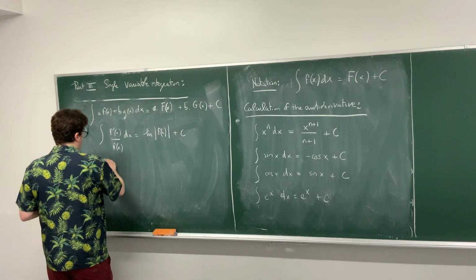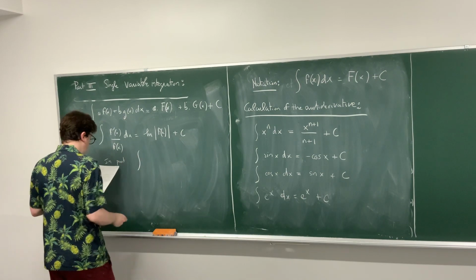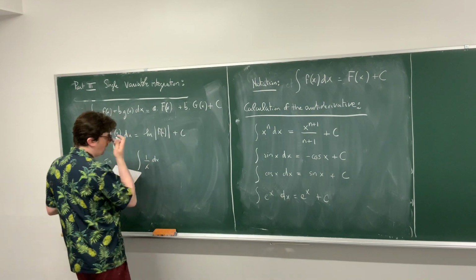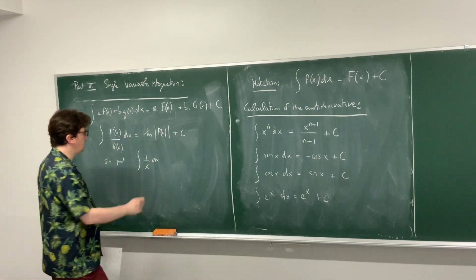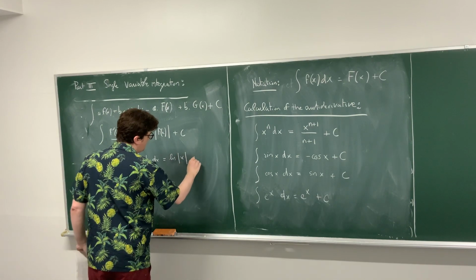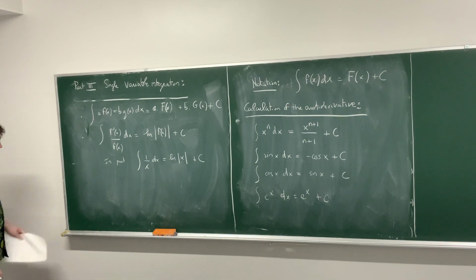So, in particular, this formula tells us that the antiderivative of 1 over x dx is actually the logarithm of the absolute value of x plus c. Never forget the absolute value, okay?